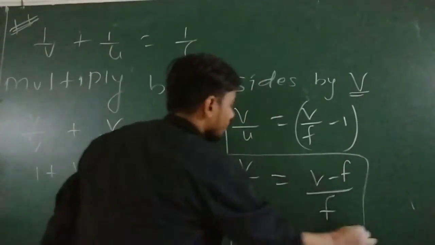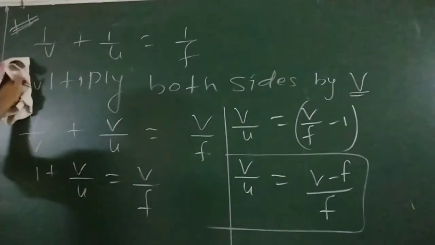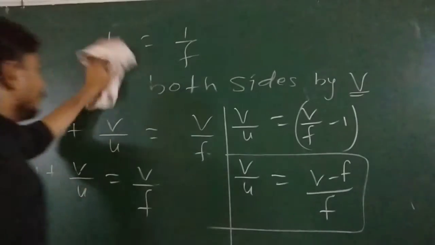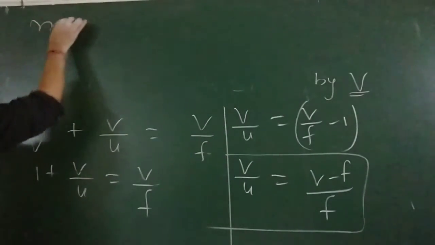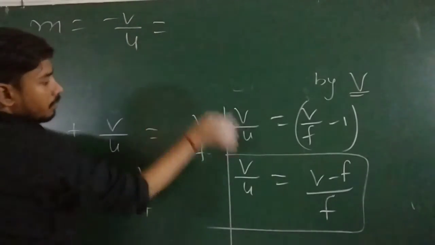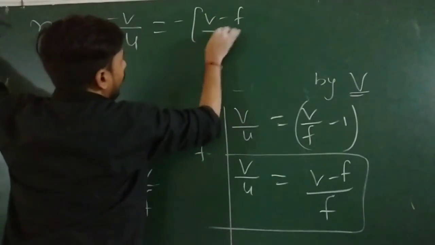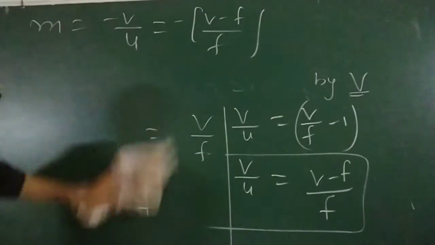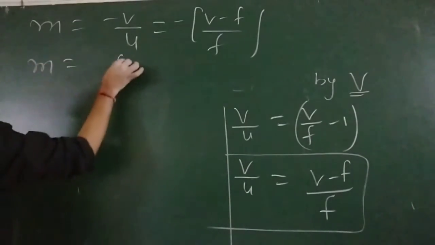Now what is the formula of magnification? So magnification becomes minus v by u. So we just have to multiply with minus. So minus v minus f by f. So in this case, this result becomes f by f minus v.